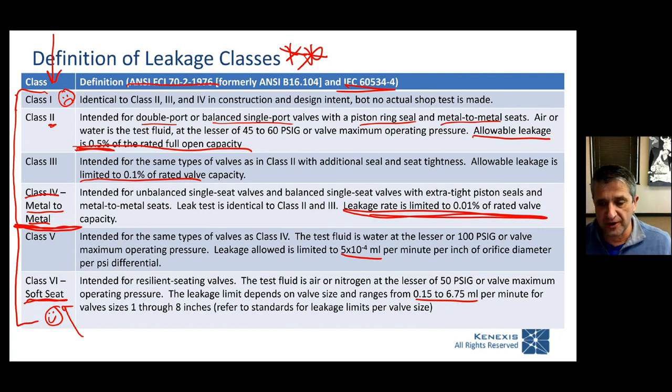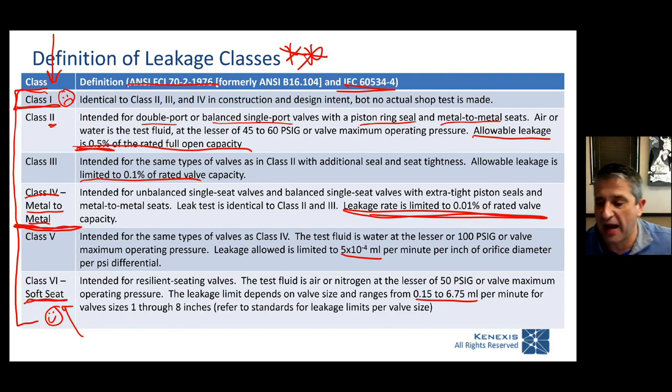It's also going to carry over to writing my test plans, because if I have class 1, I don't need to check leakage, essentially, because class 1 has no allowable leakage criteria. So just visually, externally watching the valve stroke to make sure that you get a complete stroke is going to be sufficient for class 1.